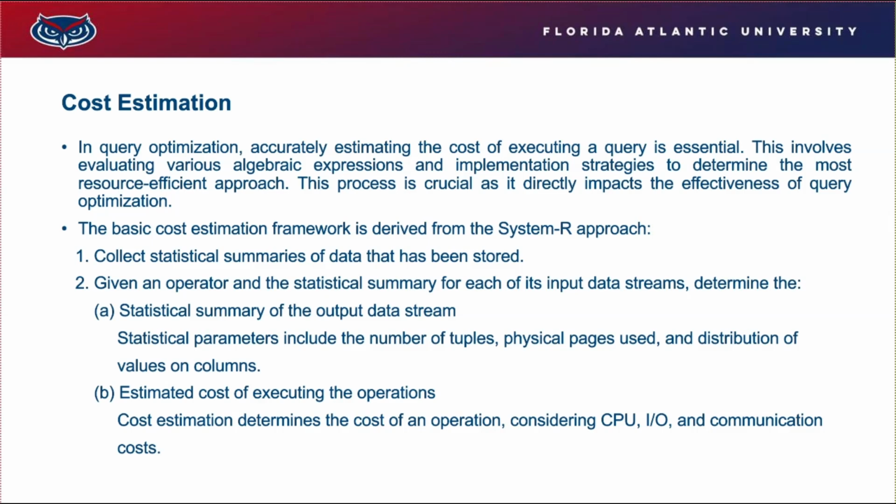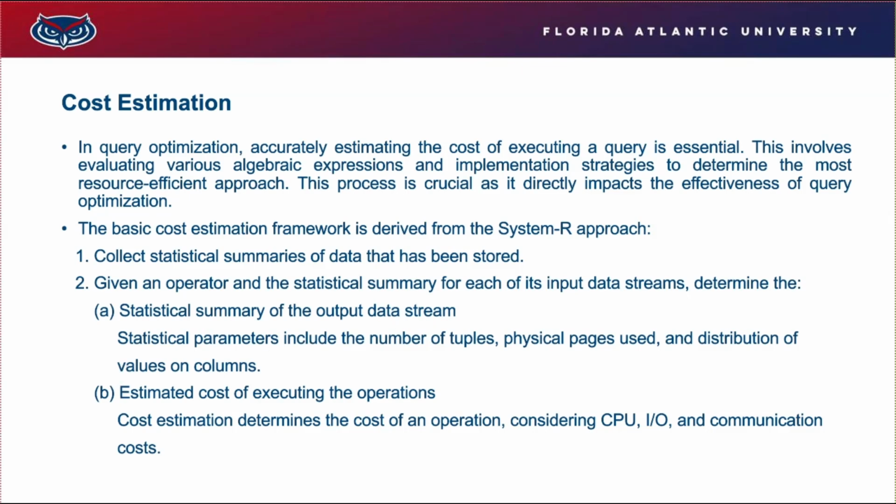First, we collect the statistical summaries of the data that has been stored for understanding the statistical properties of the base data and estimating the statistical parameters. And after that, given an operator and the statistical summary from the first step for each of its input data streams, now we determine the statistical summary of the output data stream.